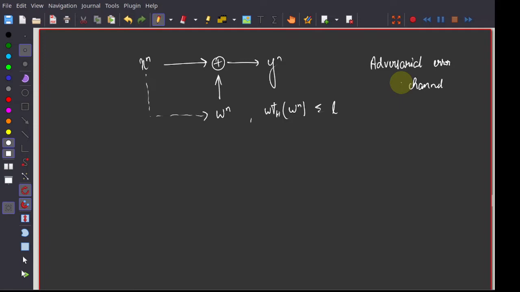And similarly, you can also redefine the error detection capability of a code in the following way. So as long as an error of weight less than or equal to L is added to the transmitted code word, this does not result in any other code word.